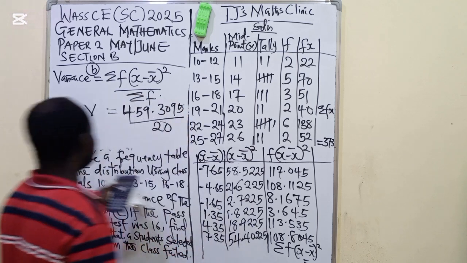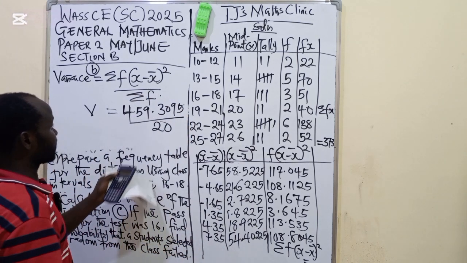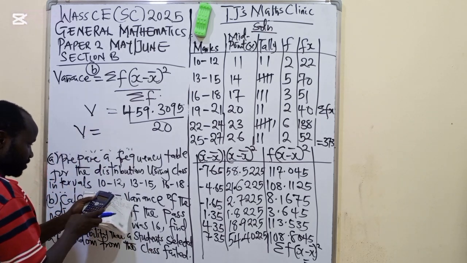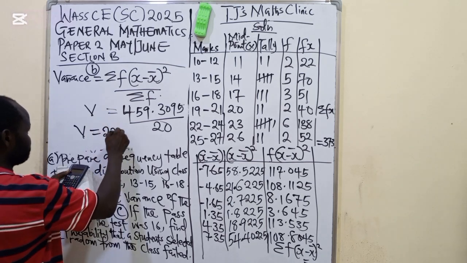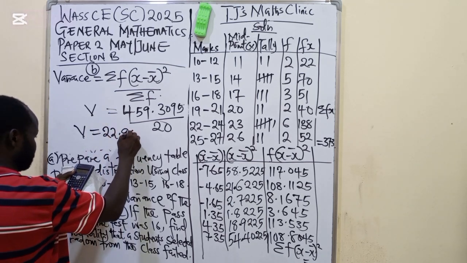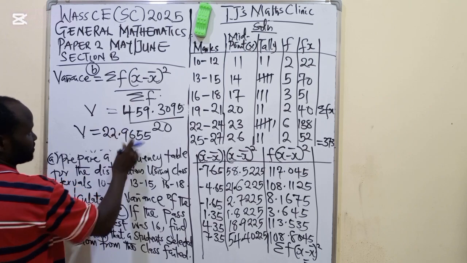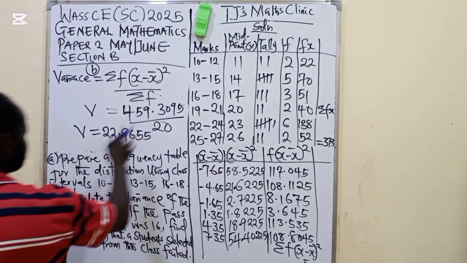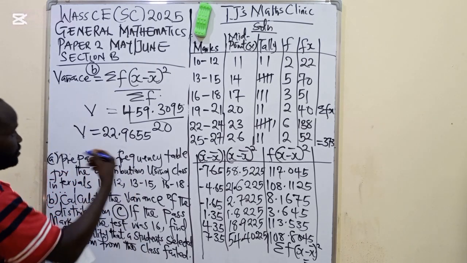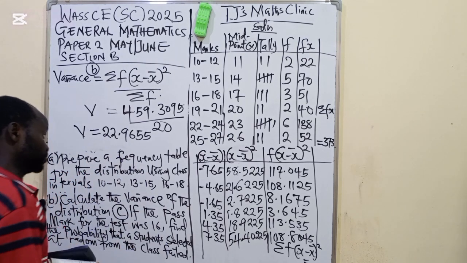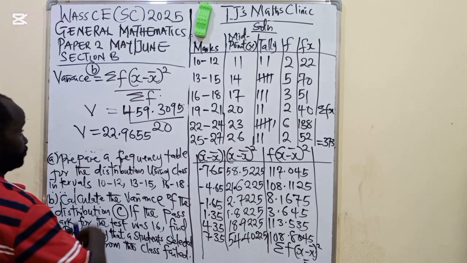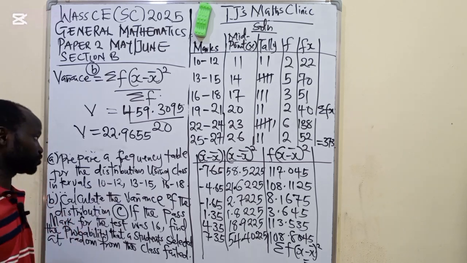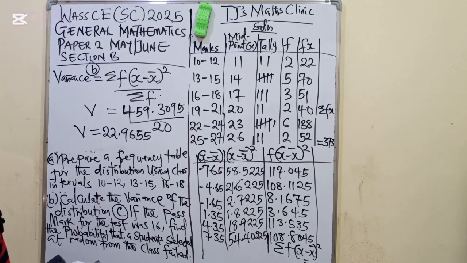What do we have? 459.3095. Yes, that will be our variance. So we can divide it by 20 now. Divided by 20, what do we have? We have 22.9655 to 4 decimals. The question did not say whether to 2 degrees of accuracy, to 2 decimal places, or to 3 significant figures. So we can either leave it as 23 to the nearest whole number or 22.97 to 2 decimals, as the case may be, but this is the variance, 22.9655. So we are through with B.